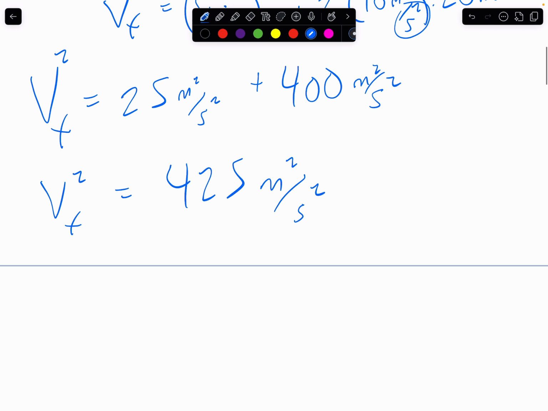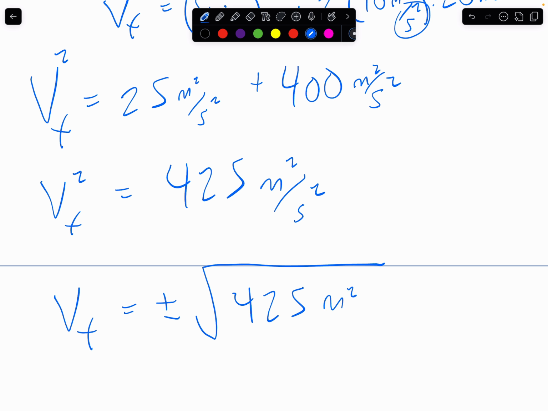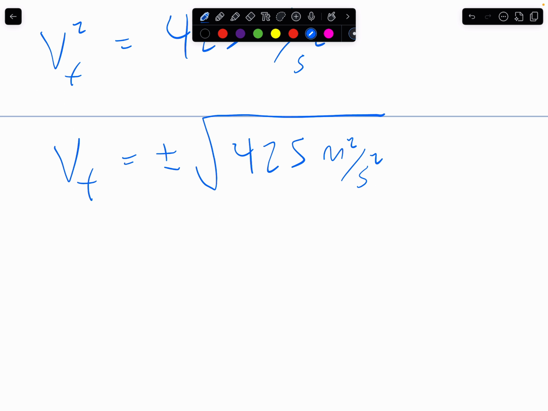Then finally, to get V final by itself, I take the square root of both sides. So V final is equal to, remember, you've got to do the plus or minus thing just in case, the square root of 425 meters squared over seconds squared. Let's see, 420, it's going to be just a little over 20, .6.